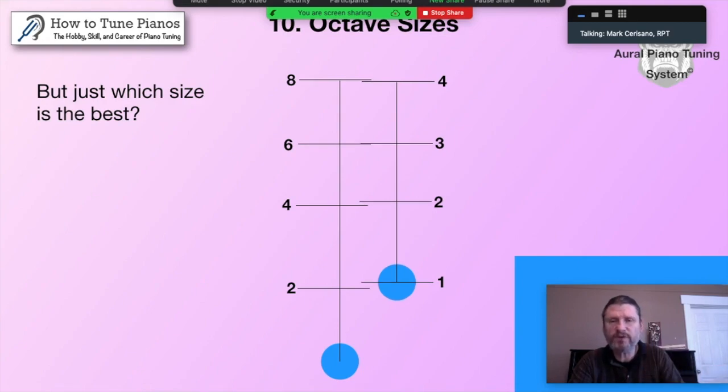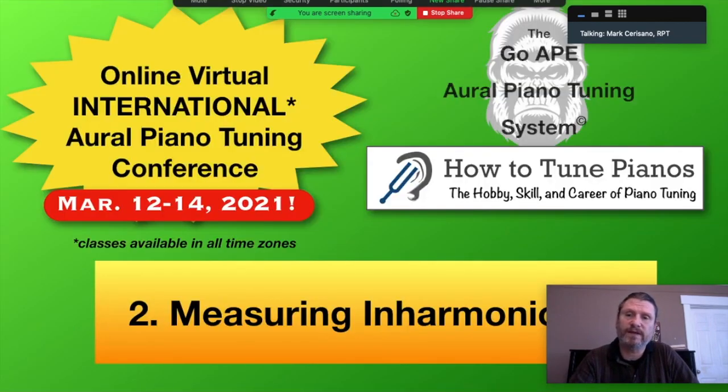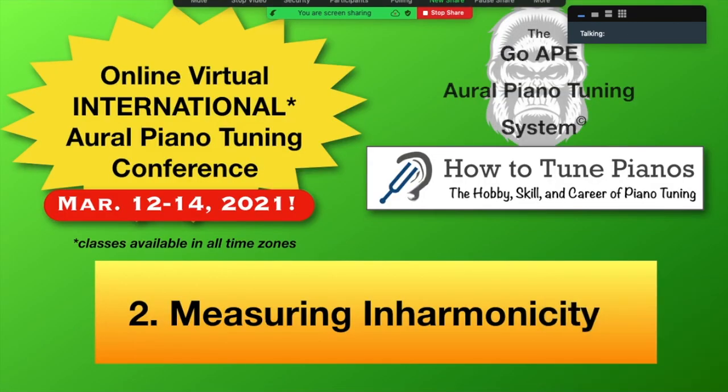Somewhere between a pure 6-3 and a pure 8-4? Or a pure 8-4? What's the best size for an octave? And how do we measure them? Or tune them to these specific sizes, even if we did know what was the best size? That's what we'll be talking about in the second class, measuring inharmonicity.